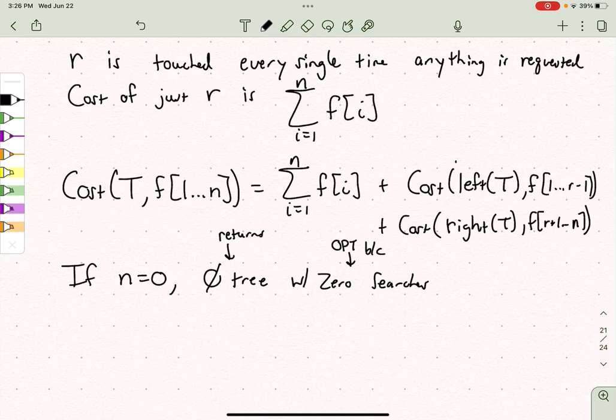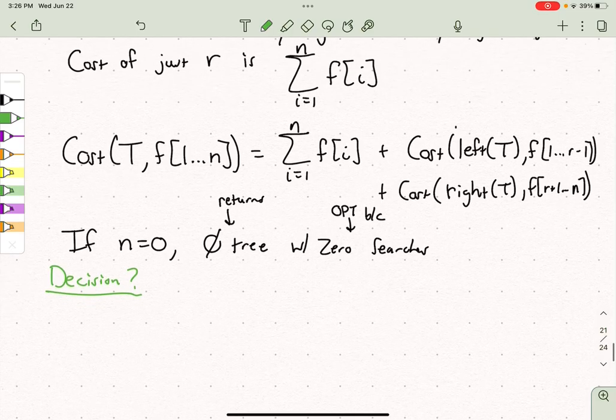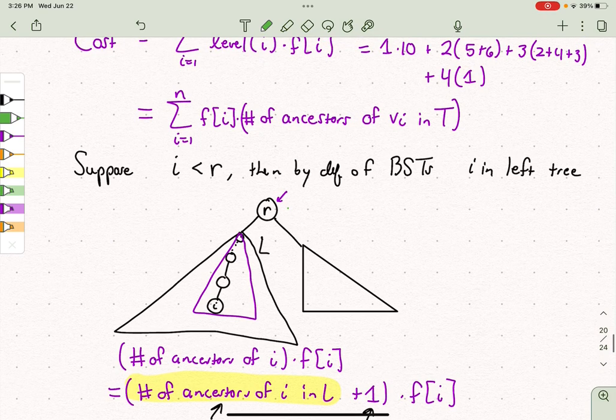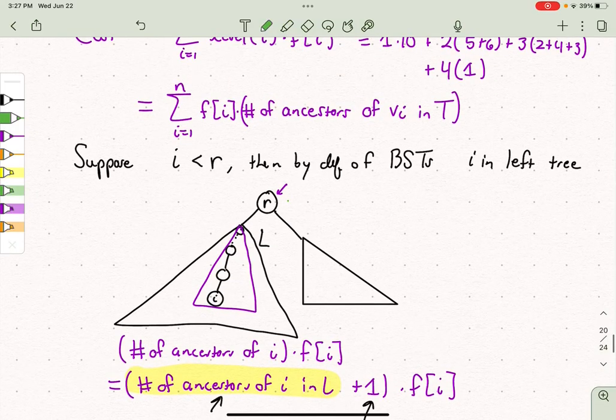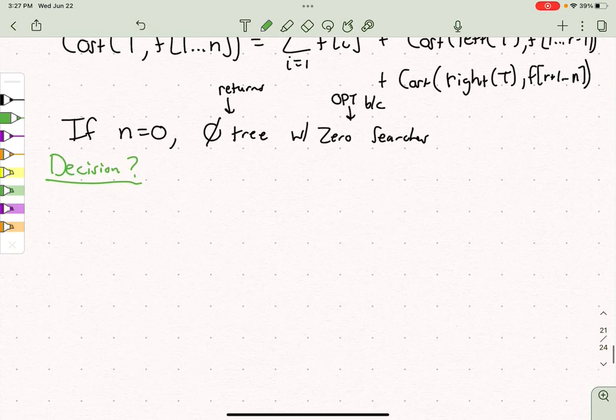So now what's the key decision we have to make to use a backtracking algorithm? So notice before, the key thing here is the root. Once the root is fixed, we are then recursively doing stuff, either computing costs or other things, in the left and right trees. Also, the root's kind of the most important thing because its cost affects everything else's cost. So what decisions do we need to make?